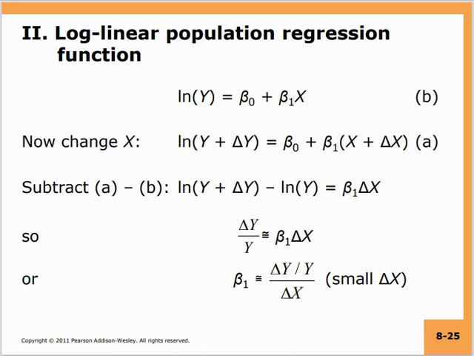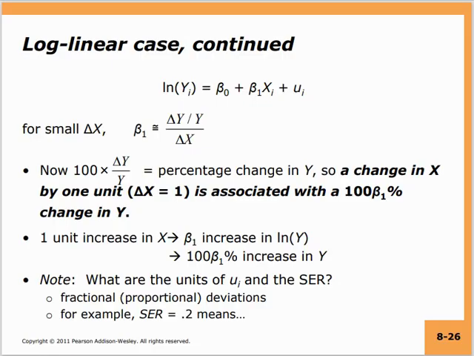So that is approximately equal to beta 1 delta x, or beta 1 can be written as delta y by delta x, and this is for small delta x's as we have specified before. This approximation holds for small changes in x and small changes in y. So beta 1 is approximately equal to the change in y by delta x.